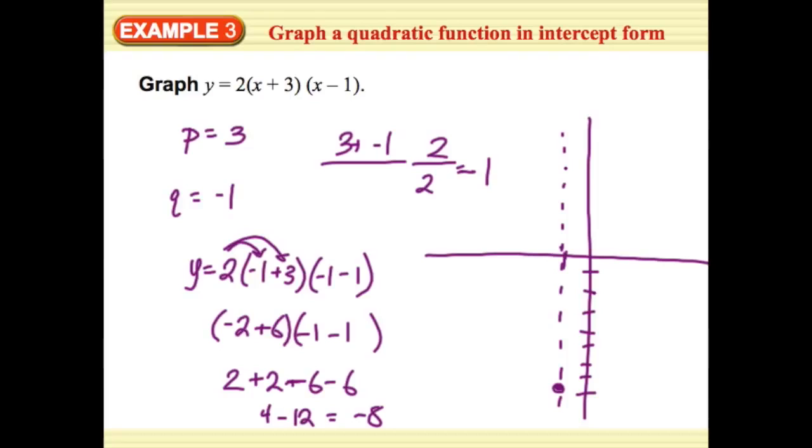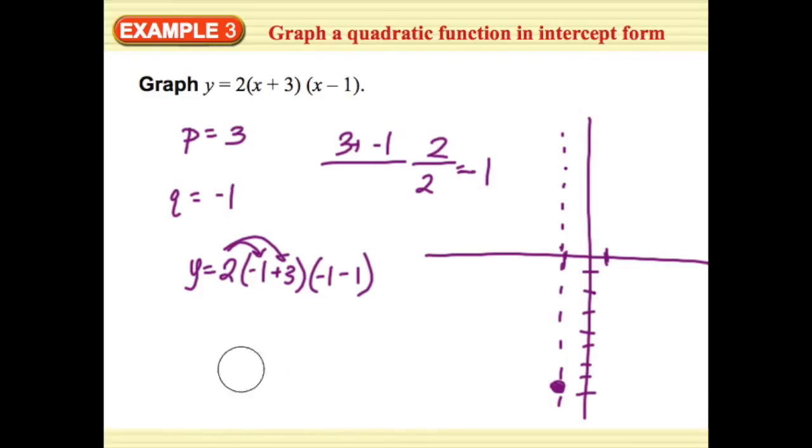There we go. So now I have a vertex point and I have an axis of symmetry, and I can continue to plot coordinates in order to figure this out. So maybe when x is 1, what would my y be? Well, when x is 1, I'm going to get 2 plus 6, and then 1 minus 1. And again, continue to do first, outer, inner, and last. 2 minus 2, 6 minus 6.